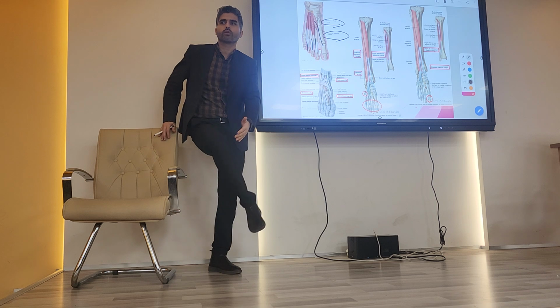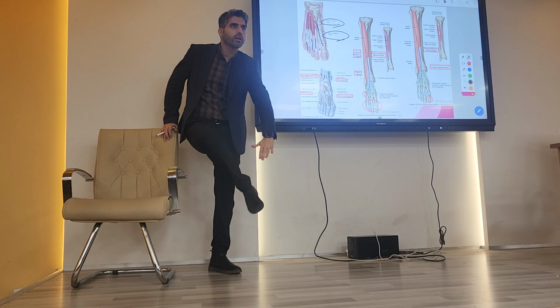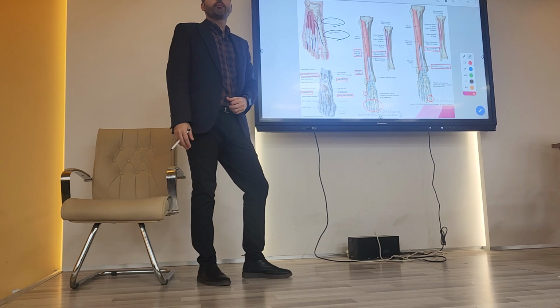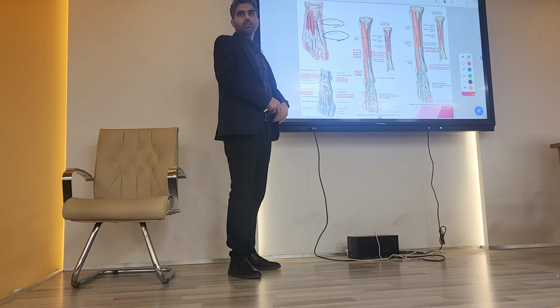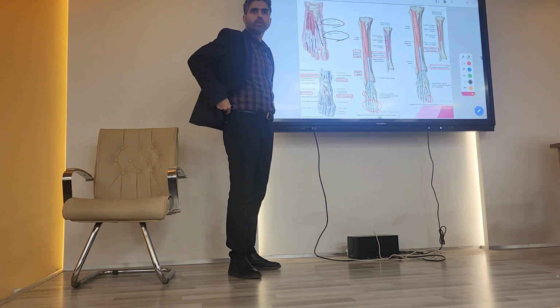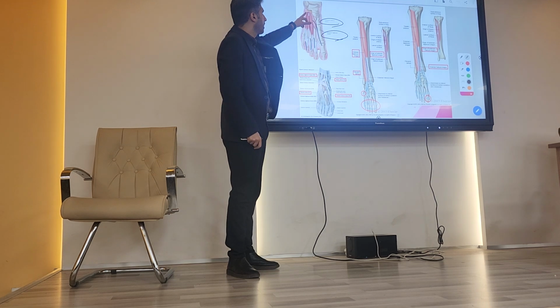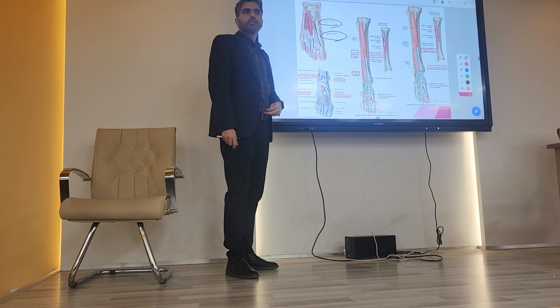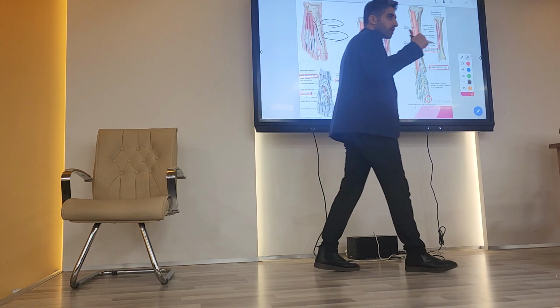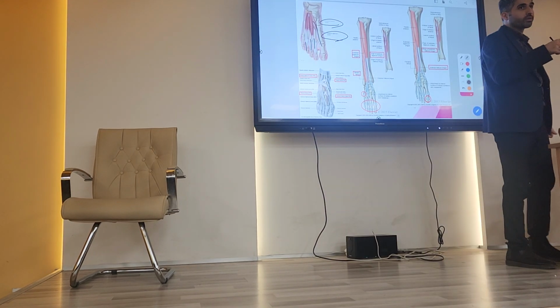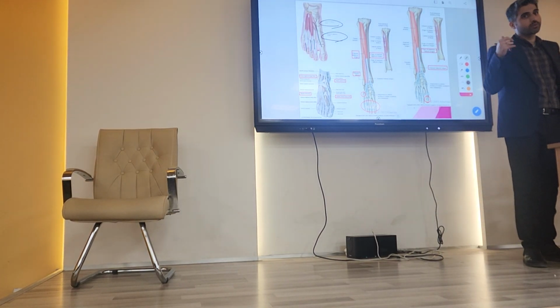Like the anterior compartment, here again, deep peroneal nerve. Look at the origin: it starts from the superior surface of the calcaneus and attaches to these toes. Innervation, deep fibular nerve.